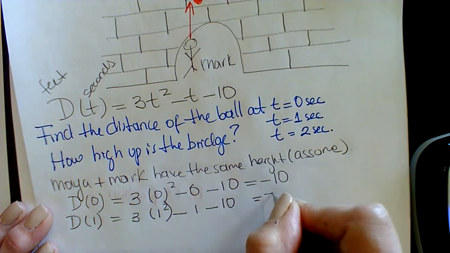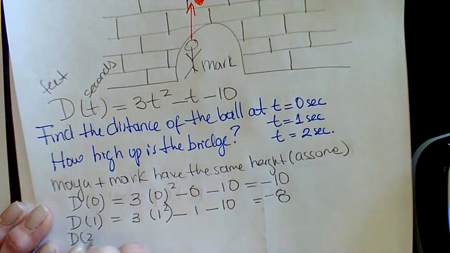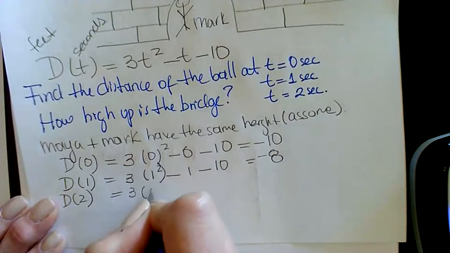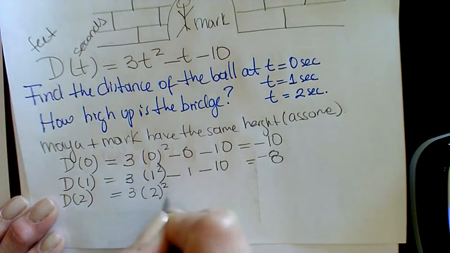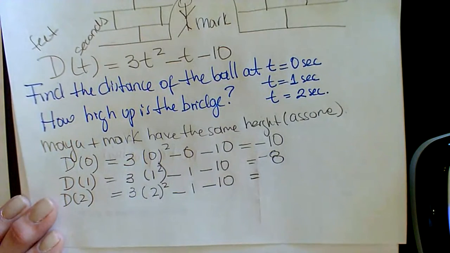Minus 10 is -8. And when the time is 2, 2 times 2 is 4. 4 times 3 is 12. 12 minus 1 is 11. 11 minus 10.